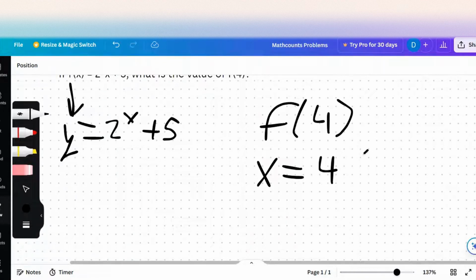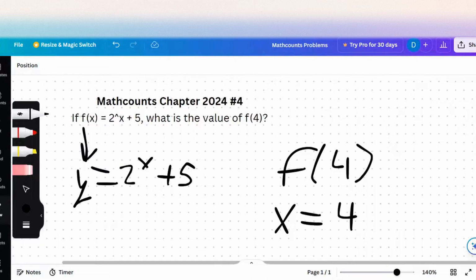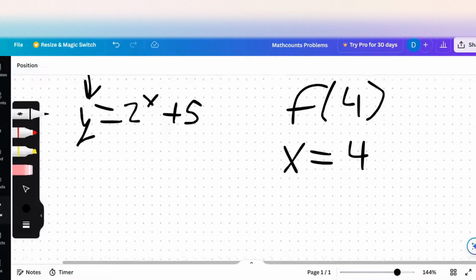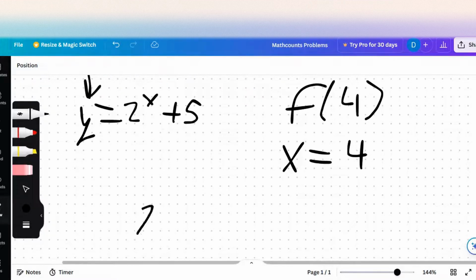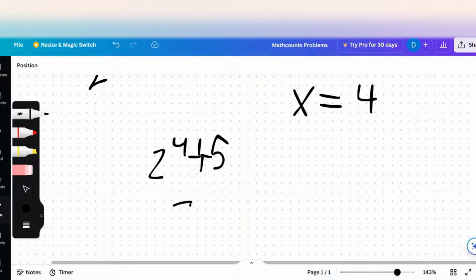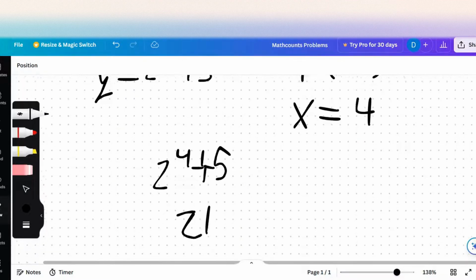So what is y when x is equal to 4? That's basically what the problem is saying. So it's asking for the value of this. So if x is equal to 4, we just do 2 to the power 4 plus 5, and that's equal to 21. 16 plus 5, 21.